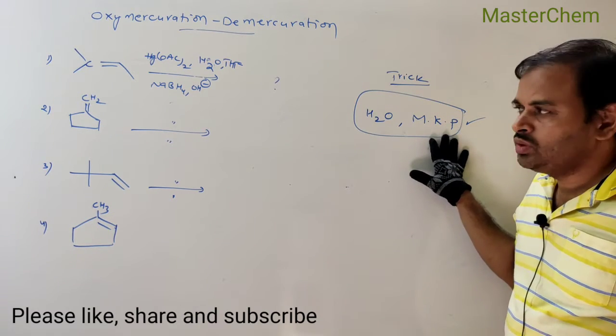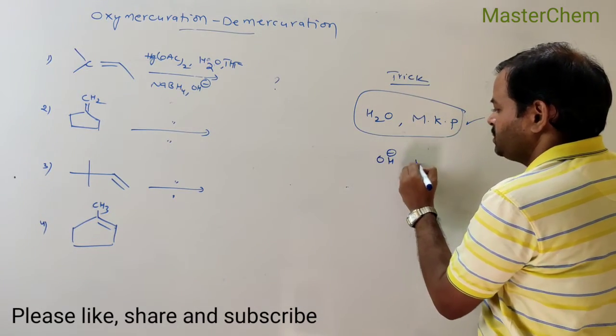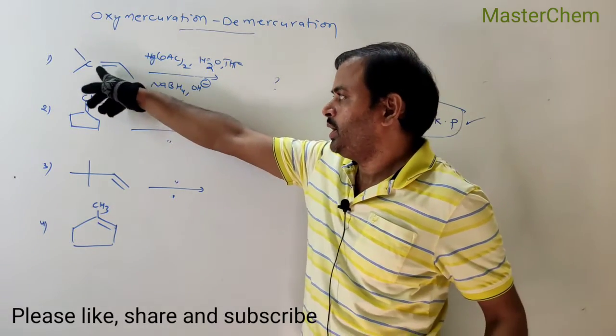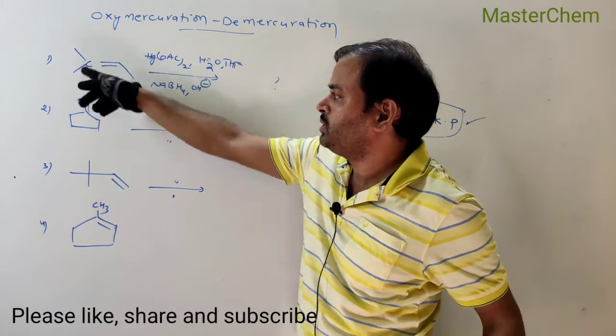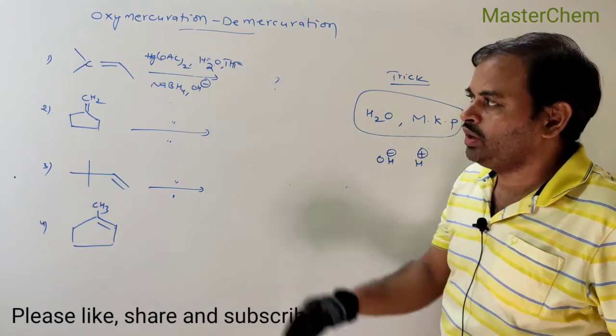So as per Markovnikov's rule, H2O means OH minus, H plus. OH minus you should attach to the carbon of unsaturation which has less number of hydrogen atoms.